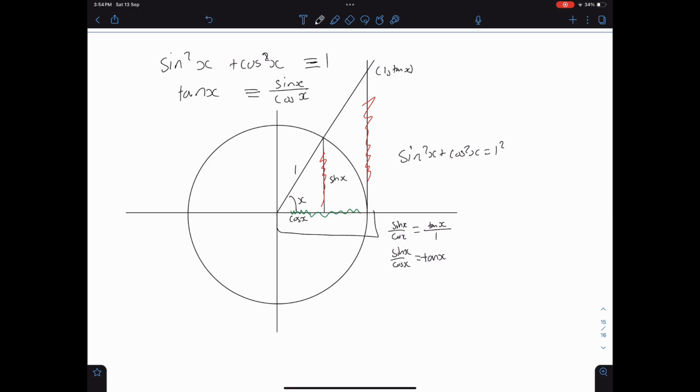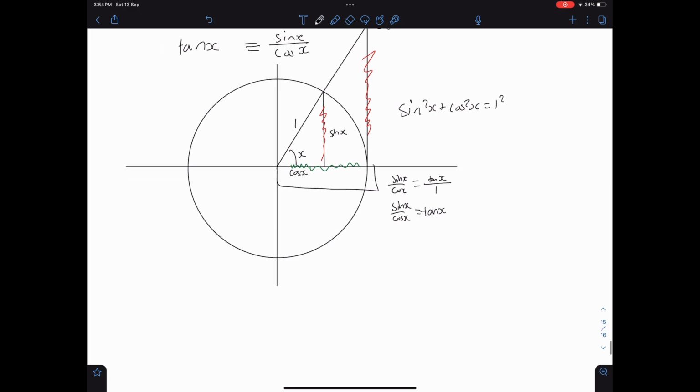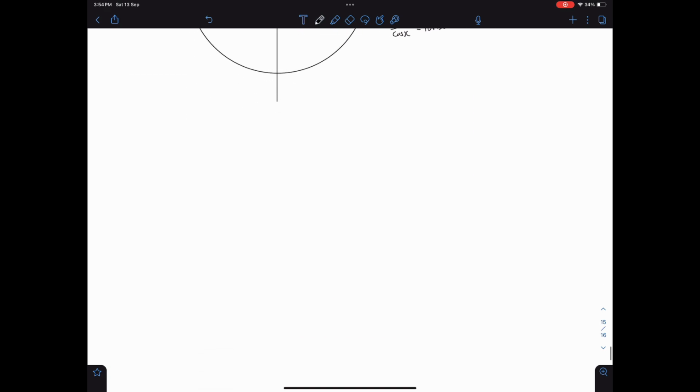For example, you may have to prove something like this: cosine squared x minus sine squared x over cos x minus sine x is always equal to cosine x plus sine x.